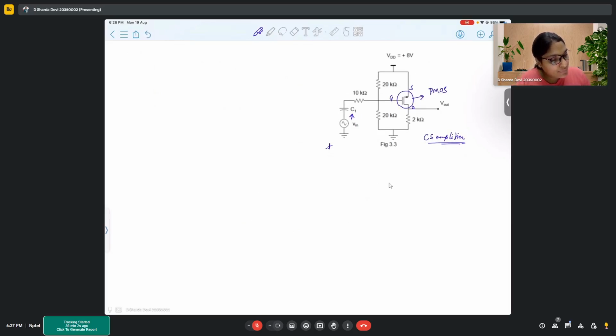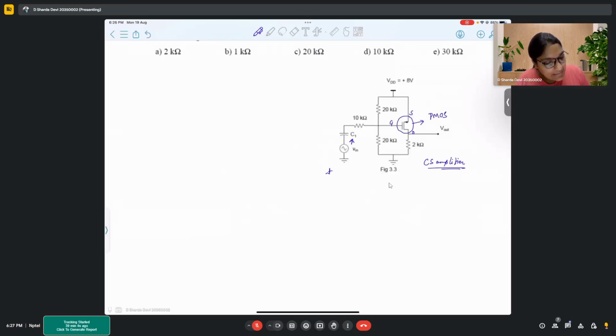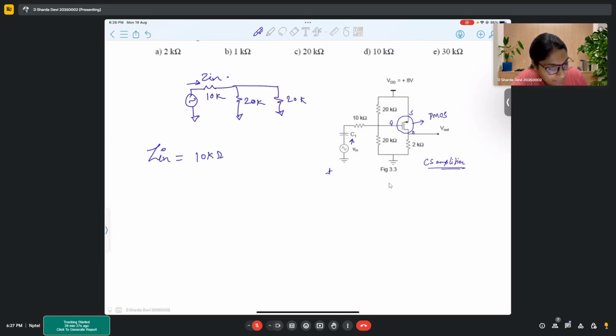If we look from here, we'll see the structure is somewhat like this, correct? We have seen this in our small signal model also. This is 10K, 20K parallel to 20K. This is ground. So this is Zin. So Zin is 10 kilo ohms in series with 20 kilo ohm parallel to 20 kilo ohm. So Zin is 20 kilo ohms.